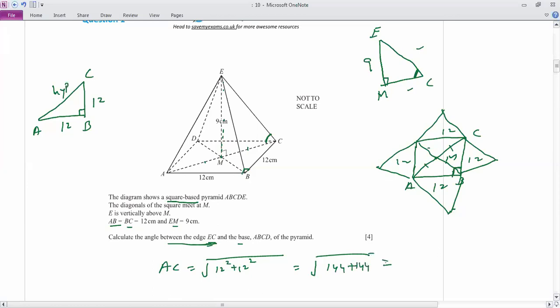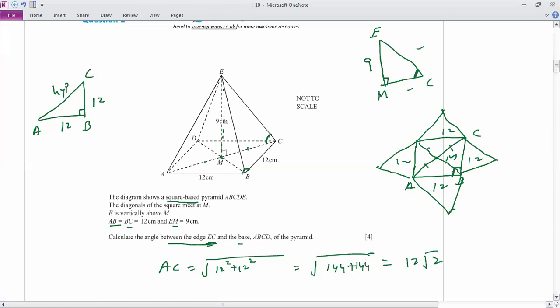Can you please calculate, and don't convert the answer into decimal. Just let it be in square root form. Calculate this, please. 12 square root 2. Okay, this is AC. Now, what about MC if you need it?